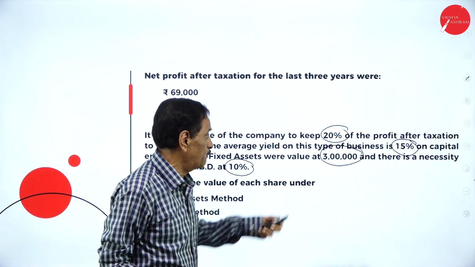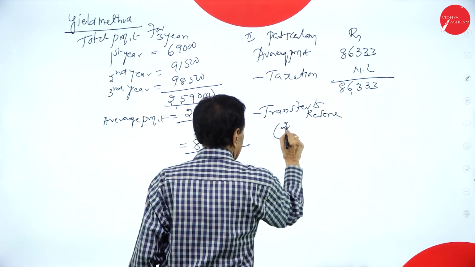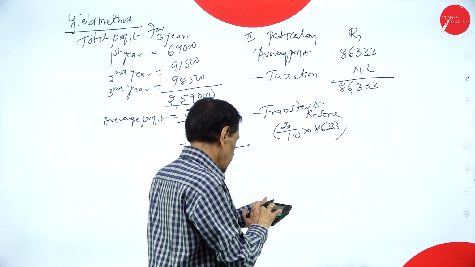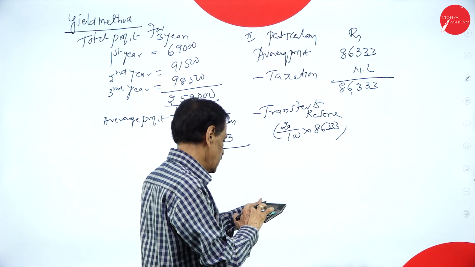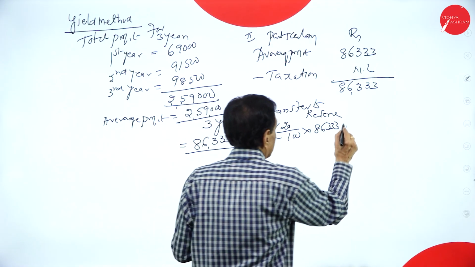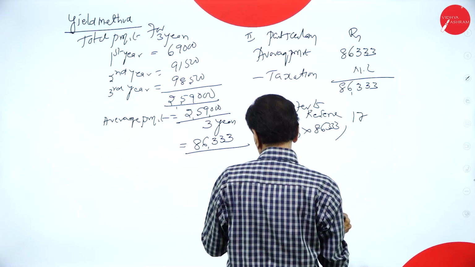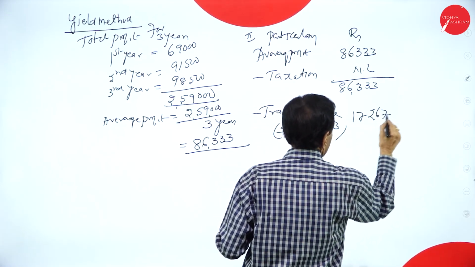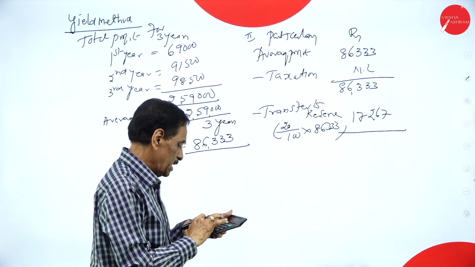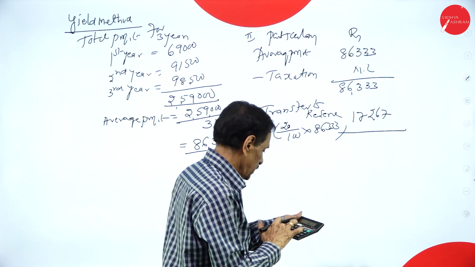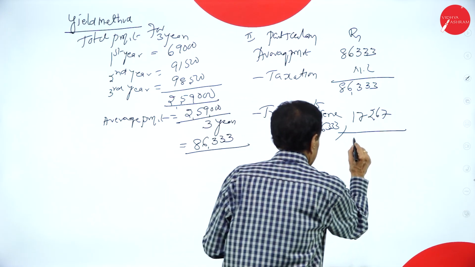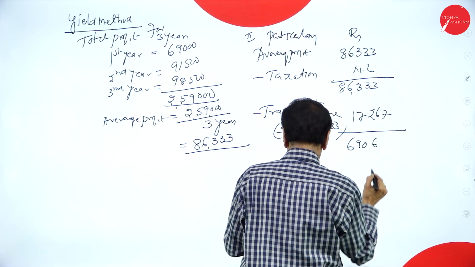It is a practice to keep 20%. 20 by 100 into 86,333, that is 86,333 divided by 5, 17,267. Deduct: 86,333 minus 17,267 is 69,066.